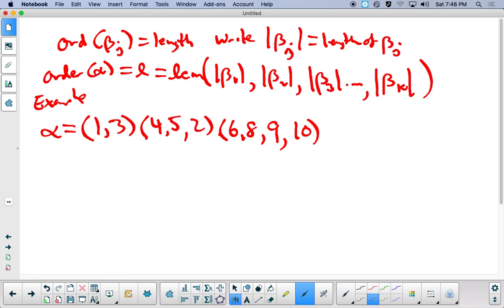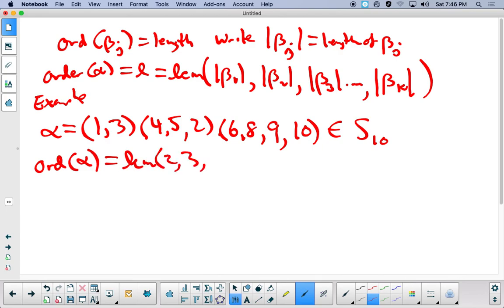And this guy is living in, say, S10. Then we can look at this and we can realize that the order of alpha is the least common multiple of 2, 3, and 4, and that would mean that the order of alpha would be 12. And that will be enough for this video.